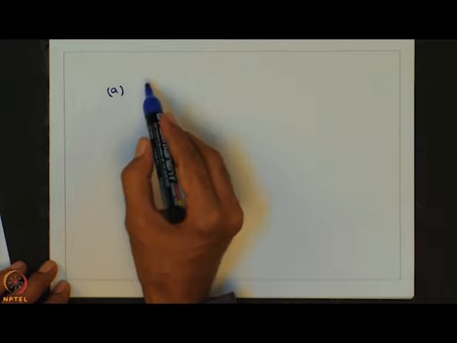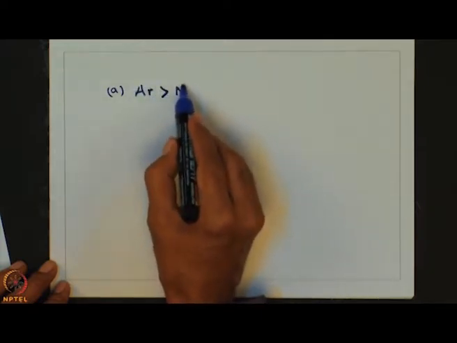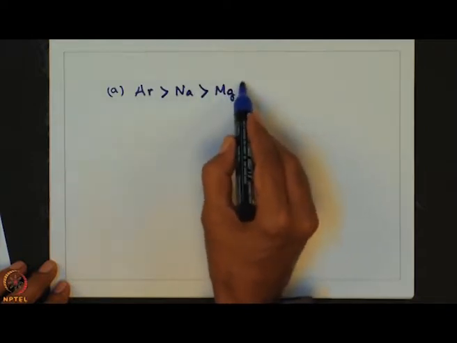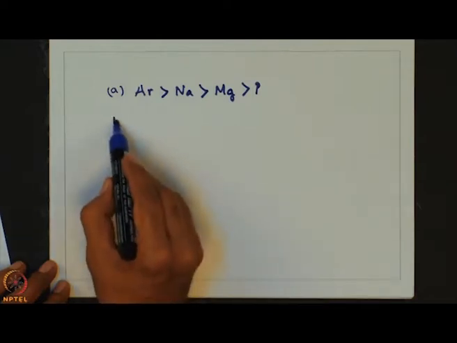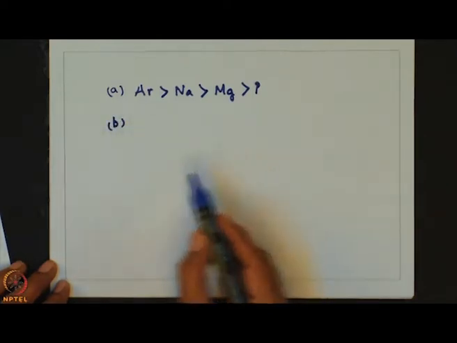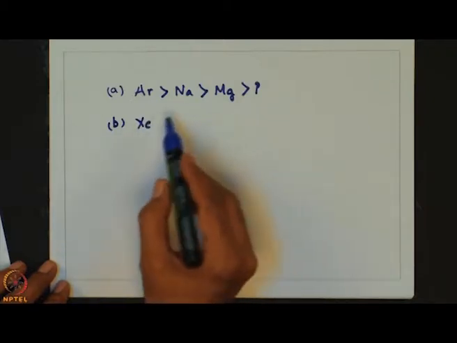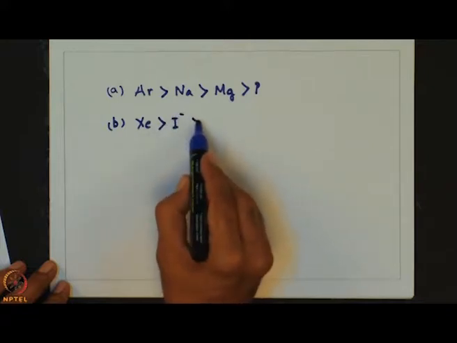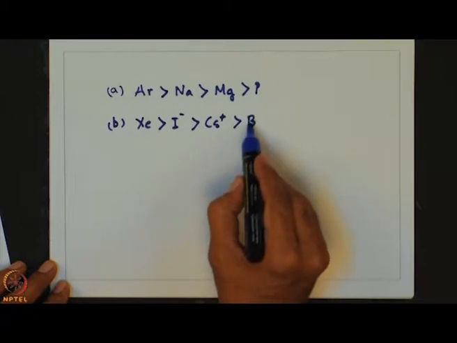For the first one, the answer is... So, this is the order. Similarly, for the second one, the order is xenon, then I minus and Cs plus and then barium 2 plus.